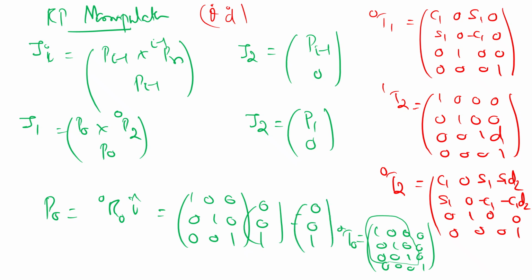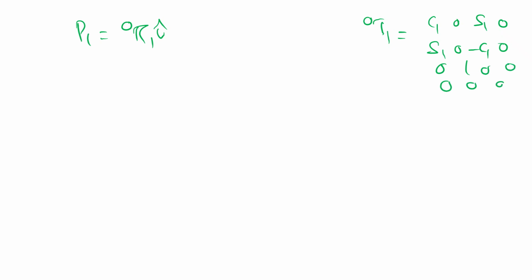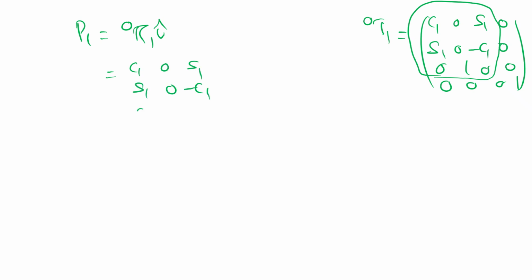Now we have to find P1. P1 is R10 times the unit vector. In the last slide we saw T10. The R1 part, the 3 by 3 rotation matrix, is C1, 0, S1; S1, 0, minus C1; 0, 1, 0.